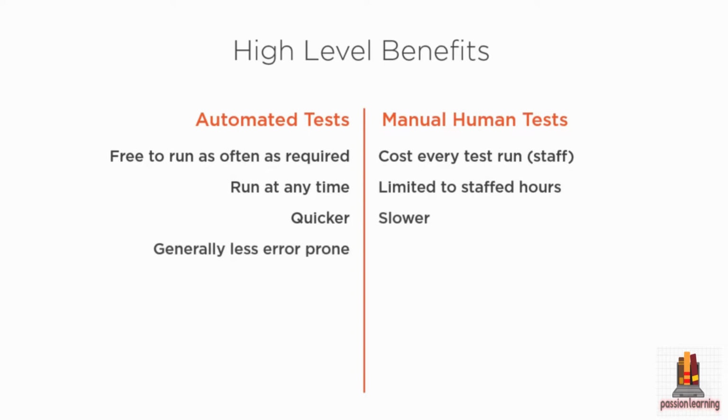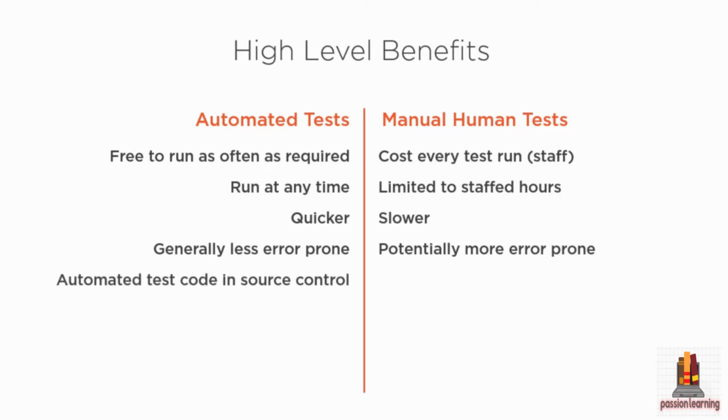Automated tests are generally less error-prone. Assuming that they've been written correctly, and all other things being equal, they should produce the same pass or fail results in a reliable way. Manual human tests are potentially more error-prone, and this is simply due to the human factor. For example, we may get tests passing that should have failed, or incorrect defects being raised.